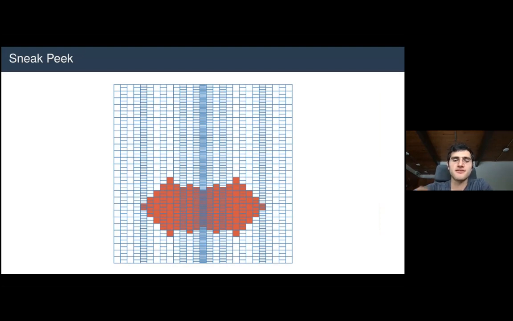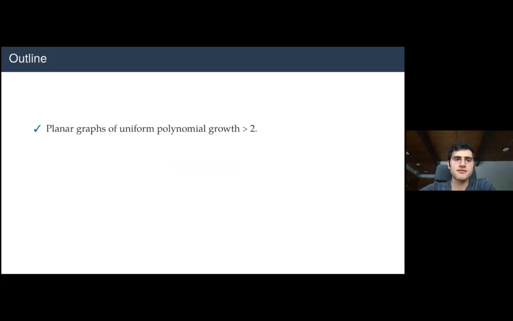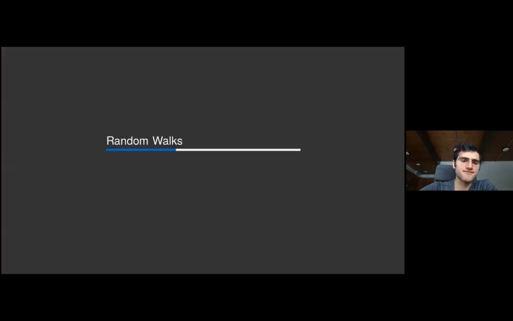And we can also prove that every ball looks like this. So far I've told you about these graphs and their structure. Next, I'm going to talk about random walks and effective resistances in these graphs. And finally, I'll describe our constructions to you.